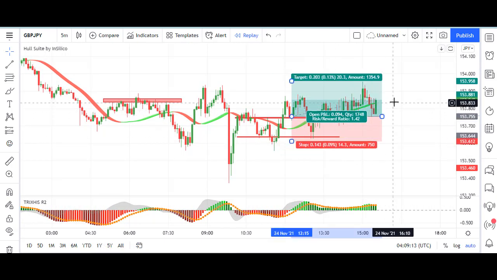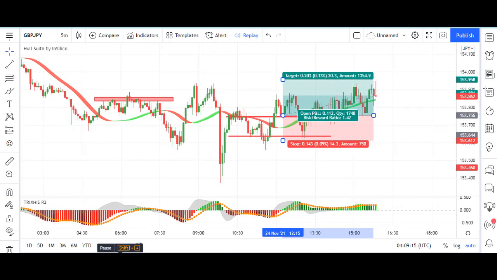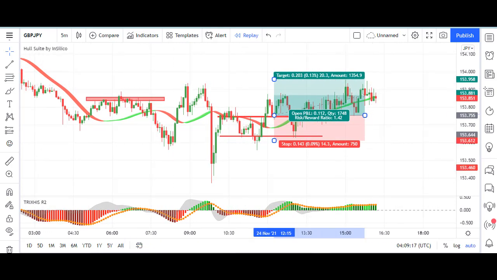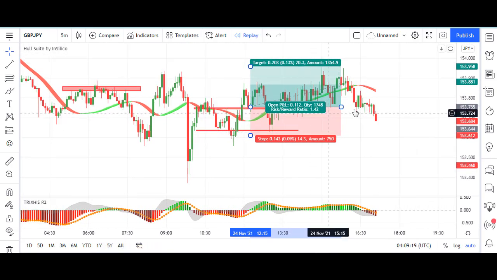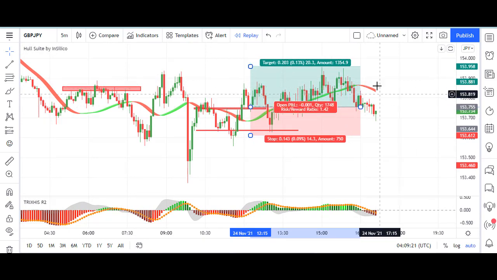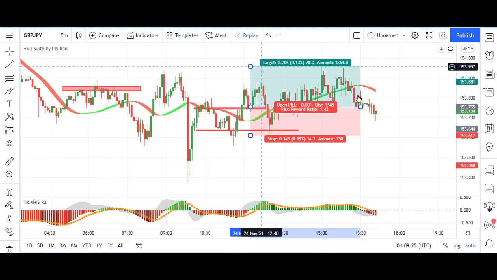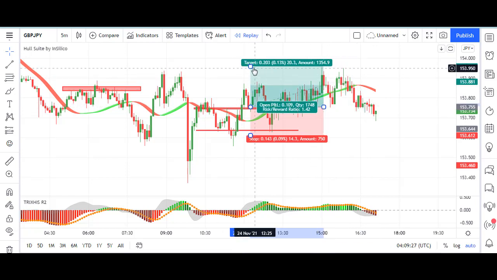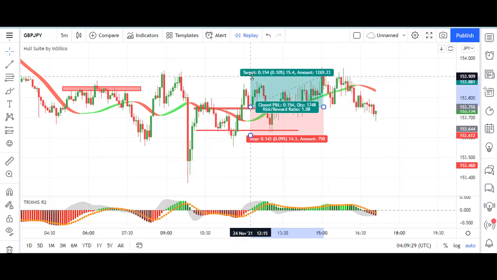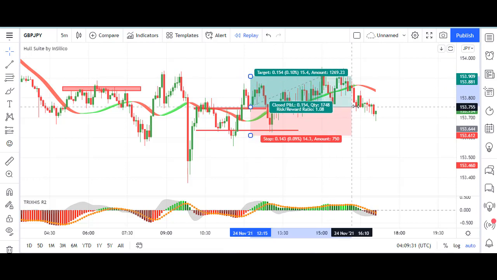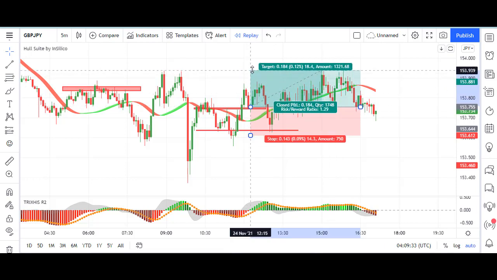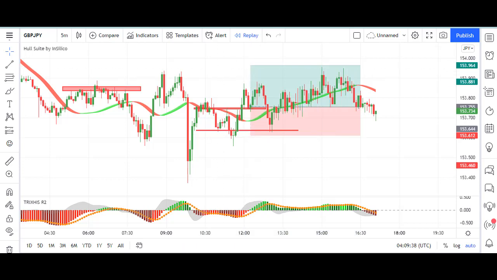Okay, we hold our trade. Now in here the Hoonswitch has turned red and we can scratch the trade. With me, if we go for a risk and reward of 1 to 1 it is a winning trade, but it's okay. I'll find another trade.